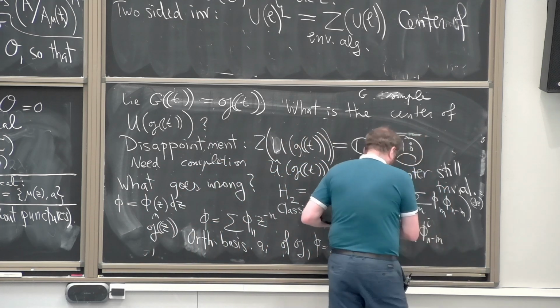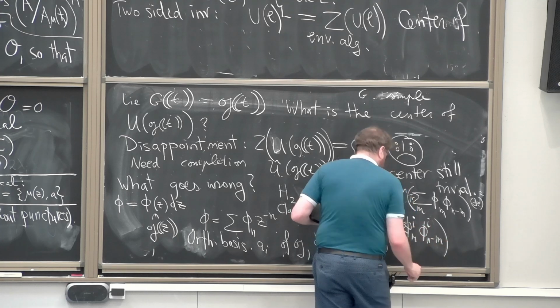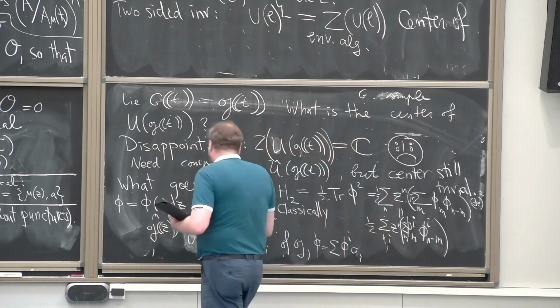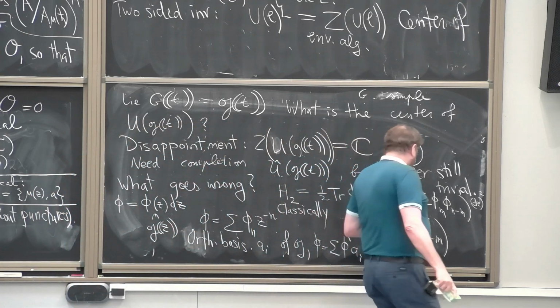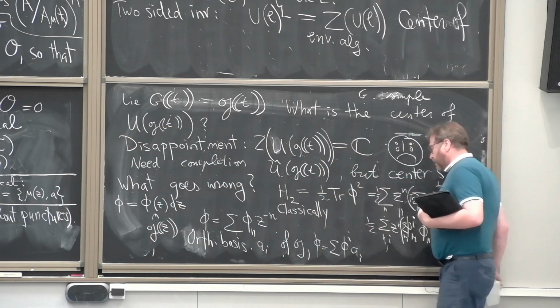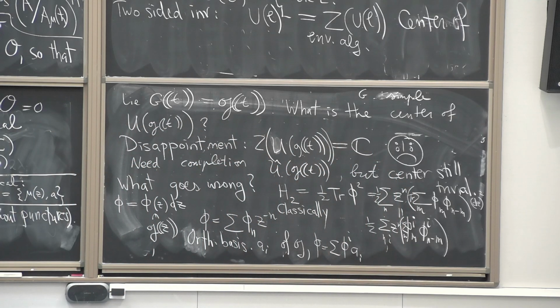So let's see. Sum over m of that. Well, this is a Higgs field on the formal punctured disk, with z just a parameter on this disk.